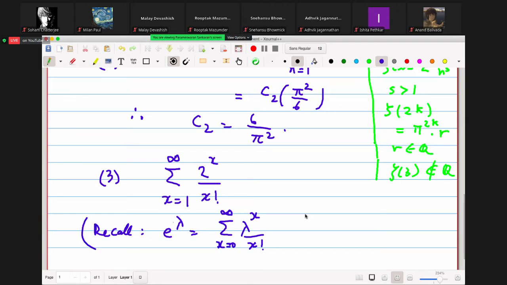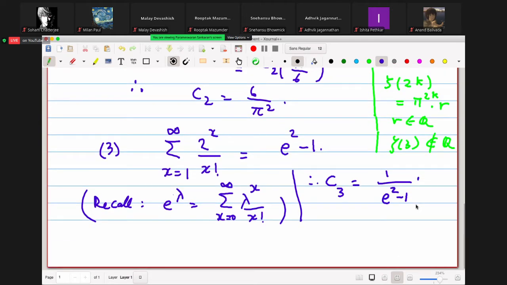I don't like x as a variable here. Therefore, you can rewrite this as, well, the 0th term is missing, otherwise it is e square, so it should be e square minus 1. Therefore, C3 must be equal to 1 by e square minus 1, whatever it is.